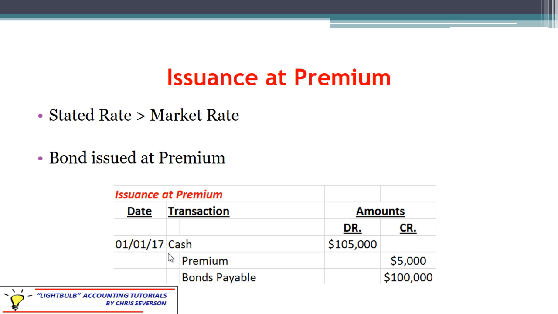The premium is going to be on the credit side in this case for $5,000. What that means is that we had a premium on bonds payable. That's known as an adjunct liability account or accretion account. And that basically means we're adding to the value of that bond. So on the balance sheet, it's going to have a higher value than just $100,000.